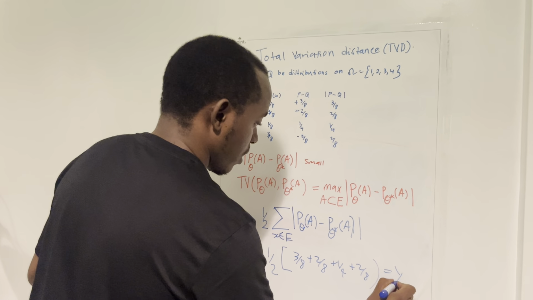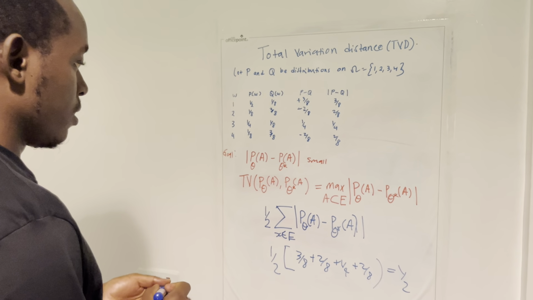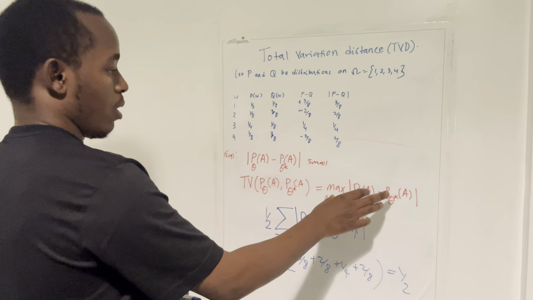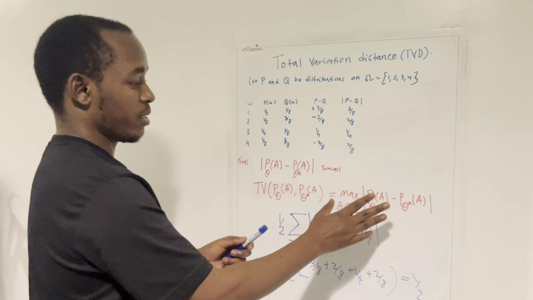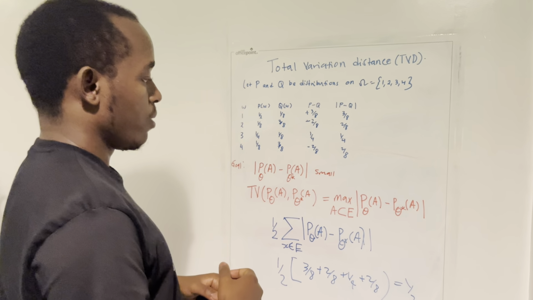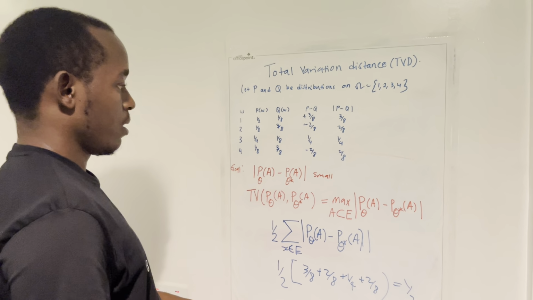This ends up giving you a half. That is how you actually use this formula, where you maximize the sum of this difference. I'm going to explain that concept after I derive this formula.